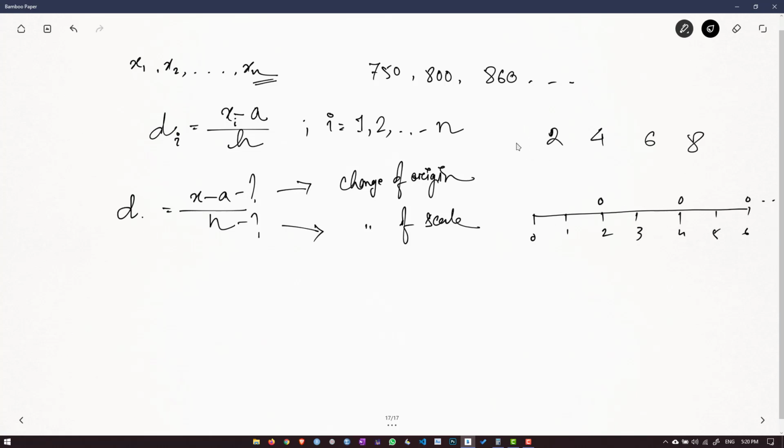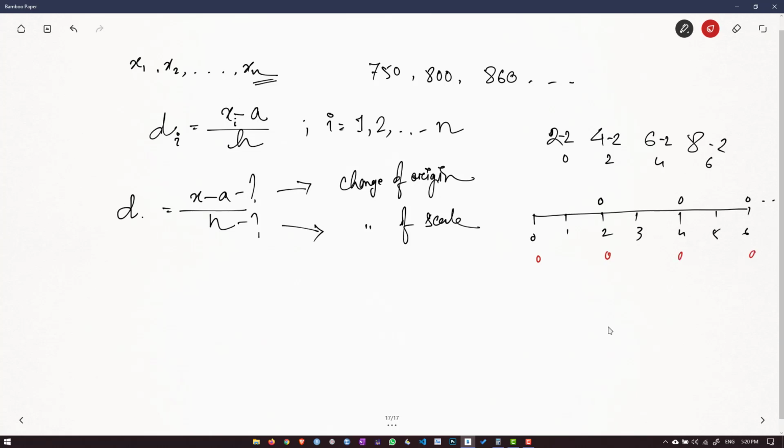Now if I reduce all these numbers by 2, if I subtract 2 from all of them, the values will be 0, 2, 4 and 6, right?